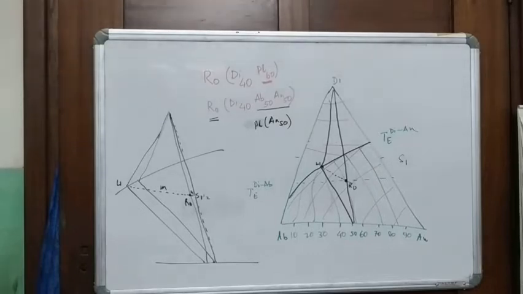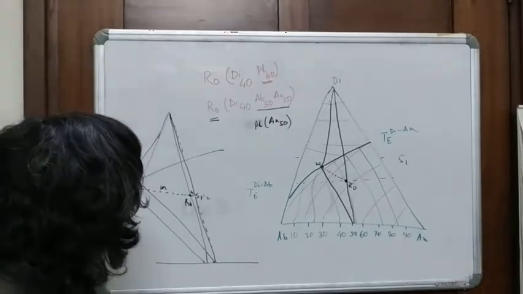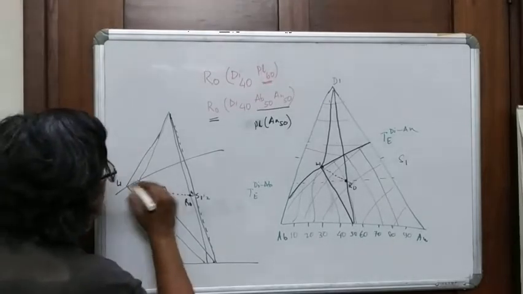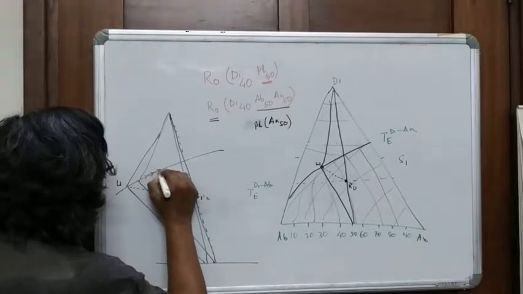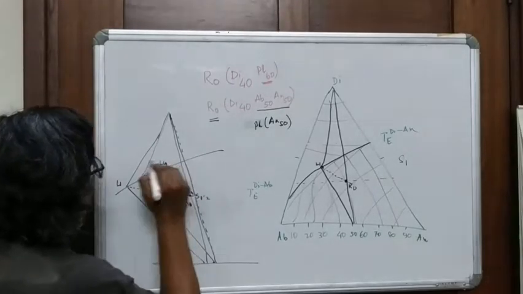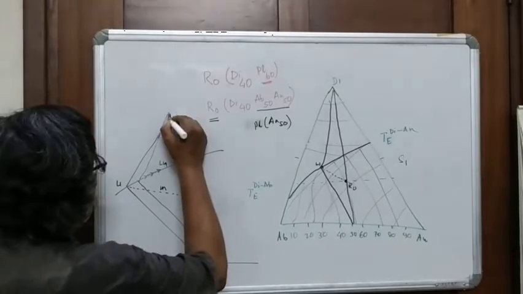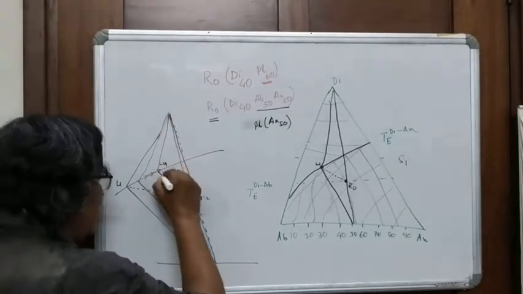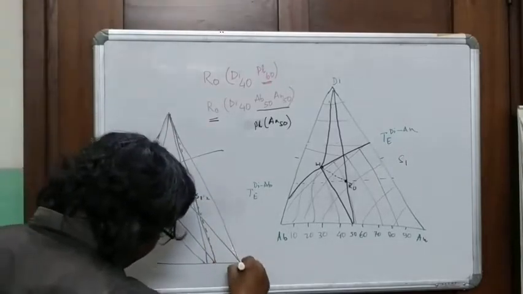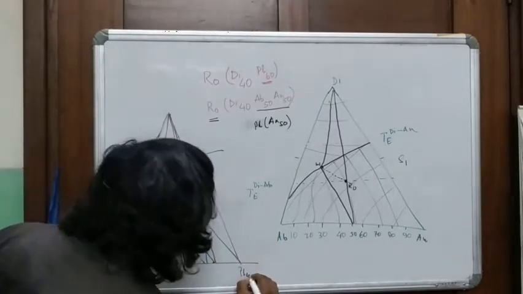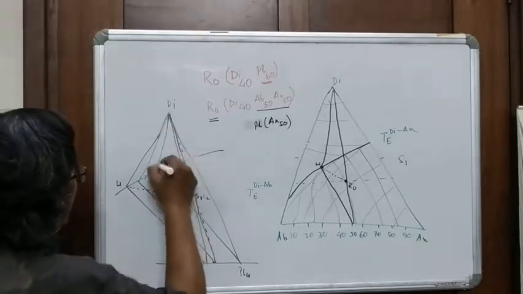Have you understood? Now, another point is, as the liquid moves in this direction, let's say L4 at this position, your tie triangle should move further, and you will have PL4, S4, diopside, and L4.